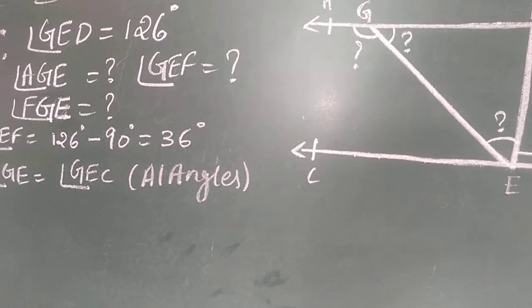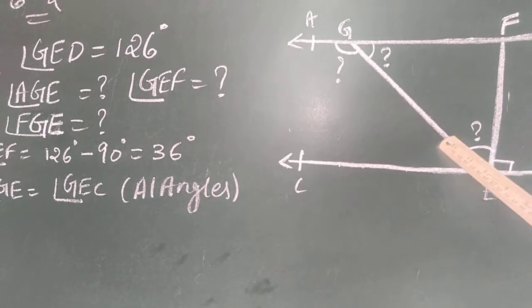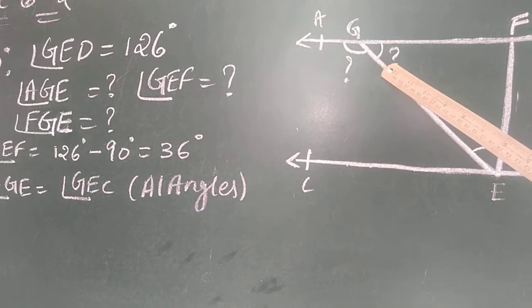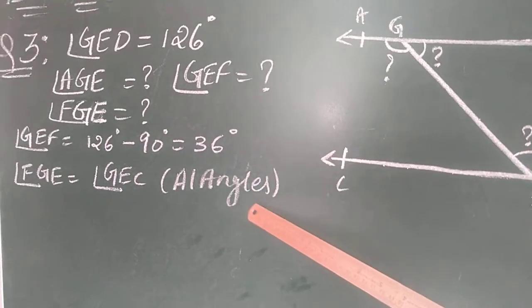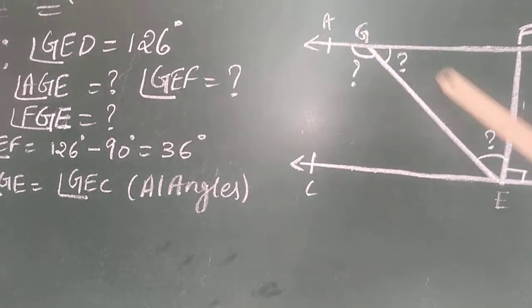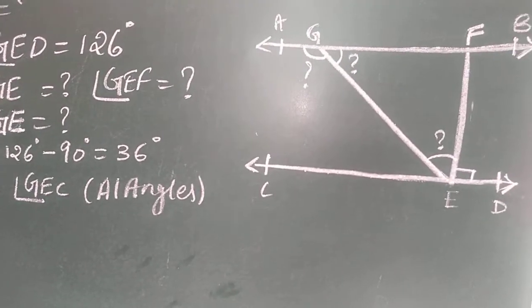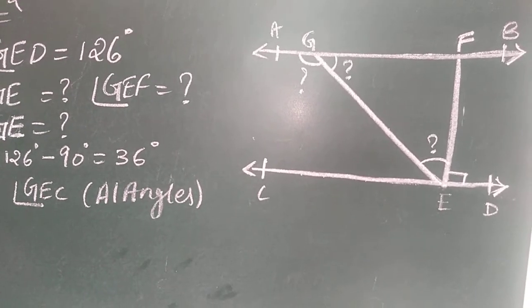See here the Z shape: as these two angles are in the Z shape, alternate angles, the same thing I have written here, FGE is equal to GEC, alternate angles, because the two lines AB and CD are parallel.